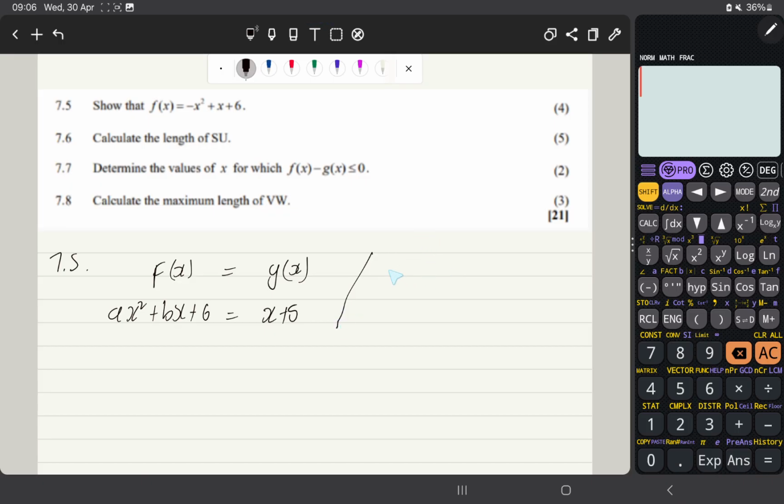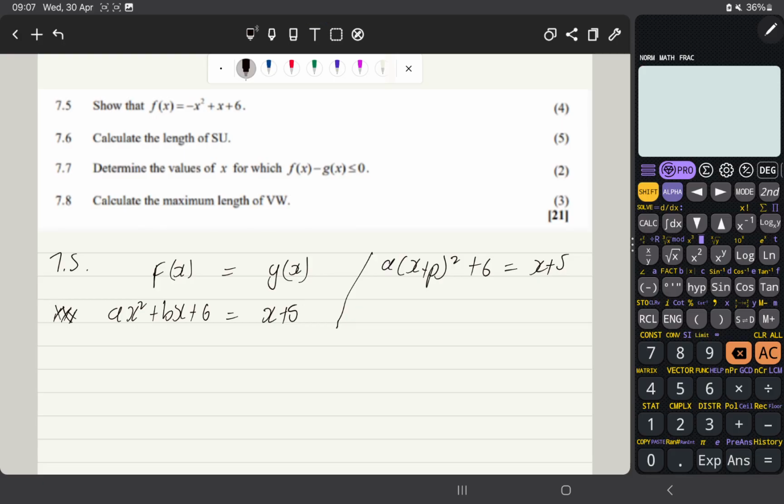So from f of x, you could say ax squared plus bx plus 6 is equal to x plus 5. But let's go with this way. It makes more sense to me right now. So we have 2 points, remember. This is going to work. We're going to have some simultaneous equations, and this is our starting point.